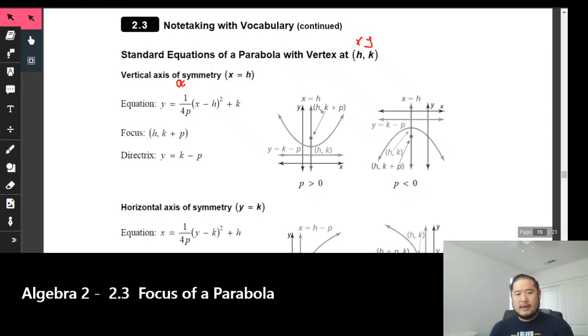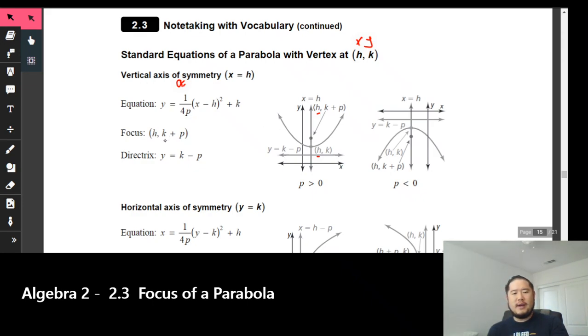The focus right here, remember, is going to be along this axis of symmetry. So therefore the focus is h, okay? The value of h stays the same as you can see right here. What differs is k, right? For the focus, it's going to be whatever our initial y value is of the vertex plus p units, or minus p units for the directrix.